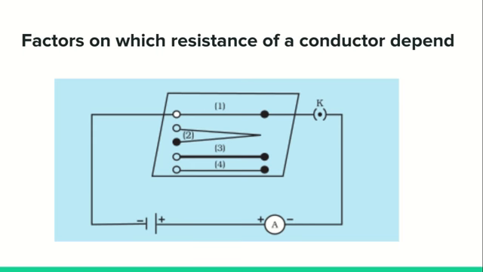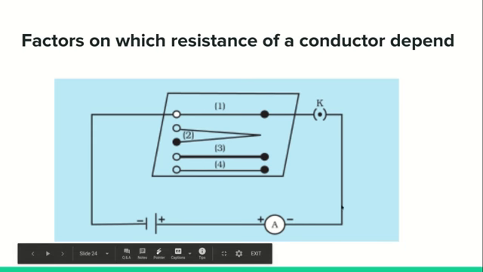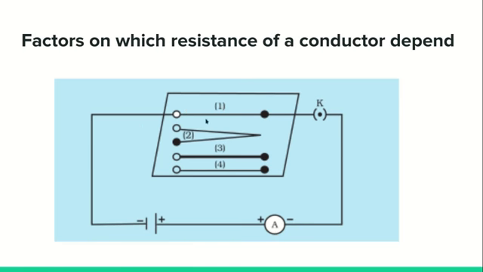In this circuit, we are using a cell, an ammeter, a key, and in the circuit we have a free end in which we are connecting different kinds of materials. First we are connecting a 1 meter nichrome wire. Second time we are connecting a 2 meter nichrome wire.